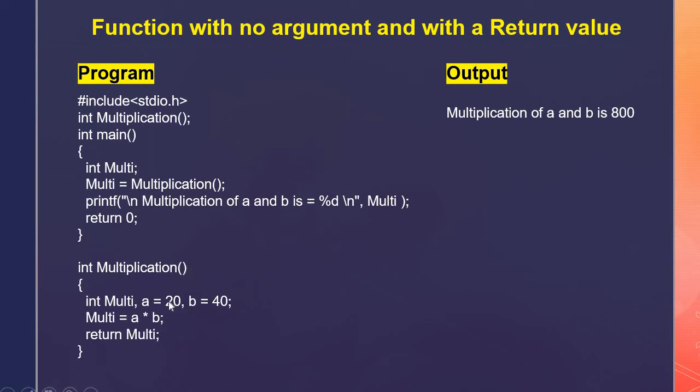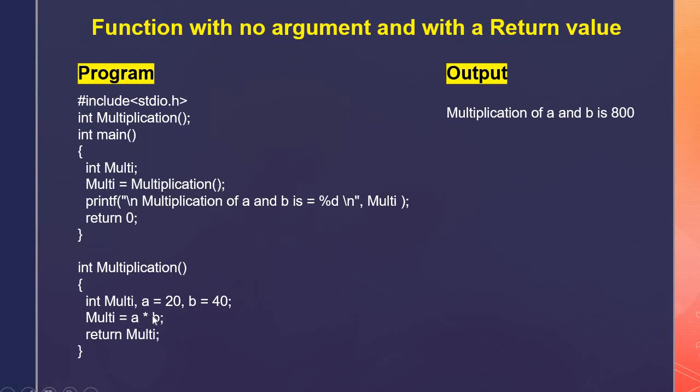Inside multiplication it will execute, that is, it will assign 20 to A, 40 to B, and it will multiply both the values and assign the result into multi. And I am not printing it at the same place. I am just returning the value multi to the calling area. So the calling area means here, and it will accept the value here.